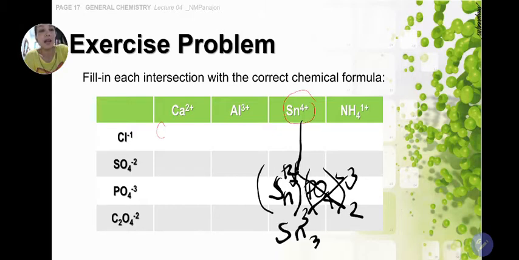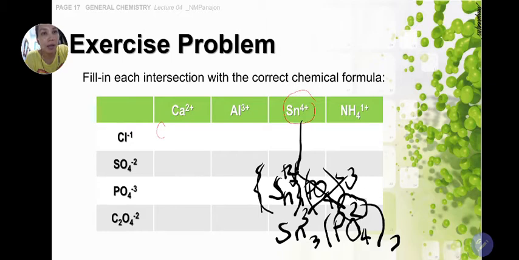Sn3. Hindi nyo na pala siya kailangang ilagay sa parenthesis kasi yung Sn is one element only. But PO4 is composed of 2 elements. So, kailangan mo siyang ilagay sa loob ng parenthesis. So, PO4, 2. Meron na siyang 2 kanina, di ba? 4 to pala, 4.